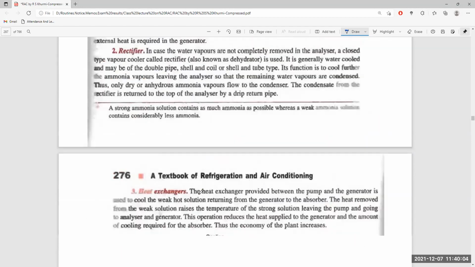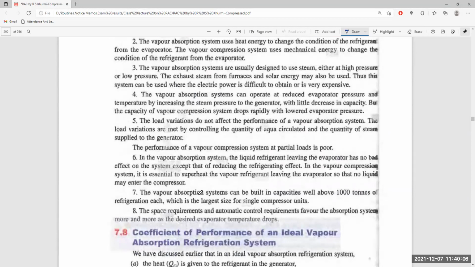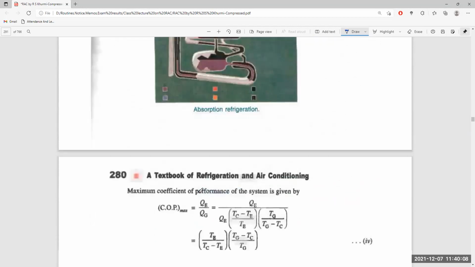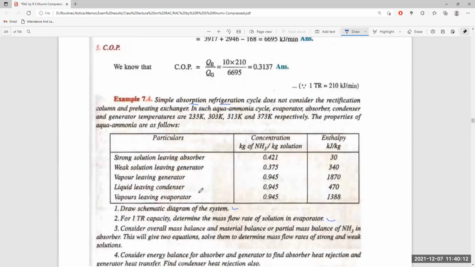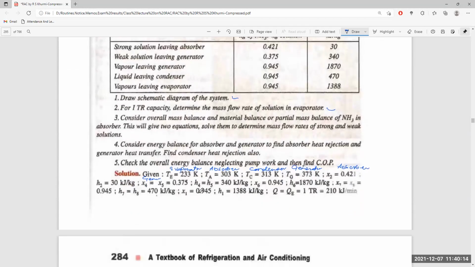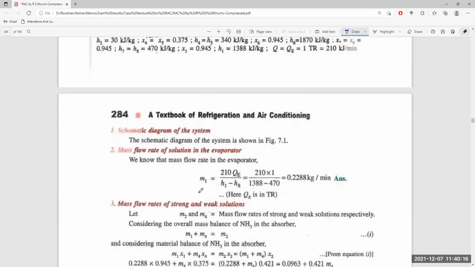So here what we are doing, we have to solve the sum in this way. Now the schematic diagram is shown.